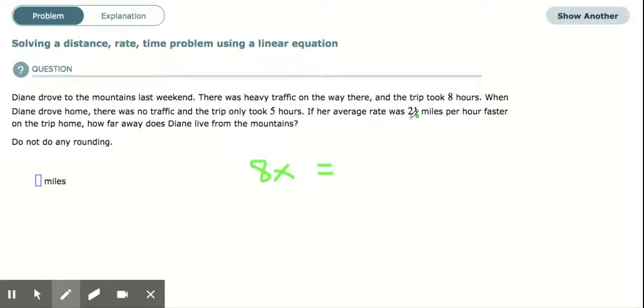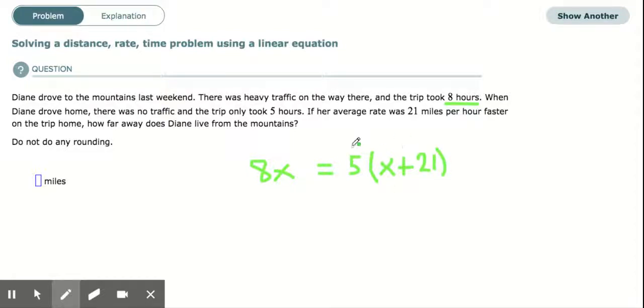And her average rate was 21 miles per hour faster on the trip home. So if it only took 5 hours, and she was going 21 miles faster, faster than what? Faster than the first value, faster than x. So this is represented as x plus 21 because it's 21 miles per hour faster.